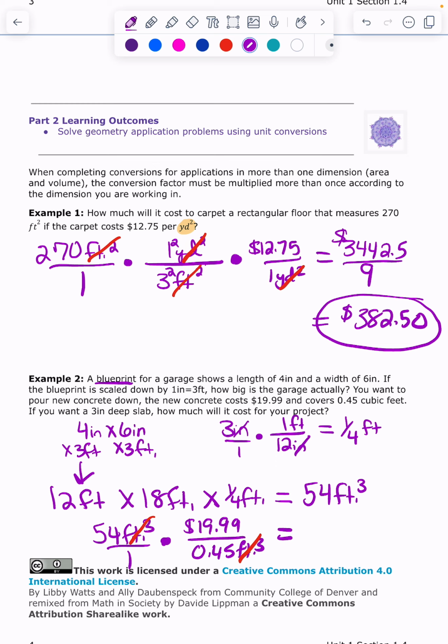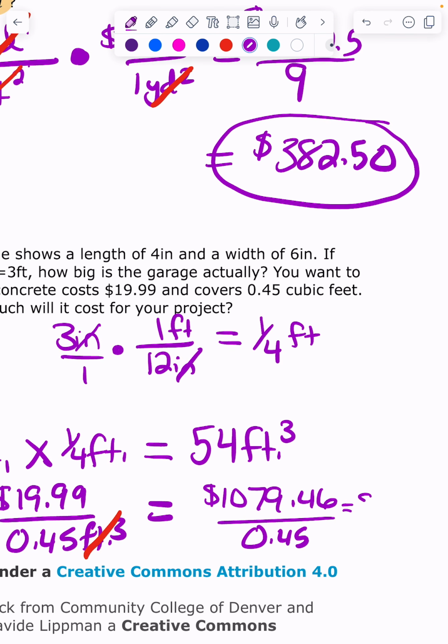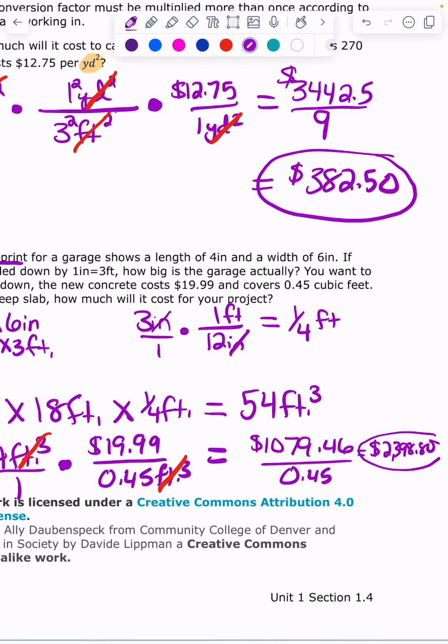So 54 times $19.99 is 1079.46, and that's getting divided by 0.45. Okay, so I got $2,398.80. That is expensive.